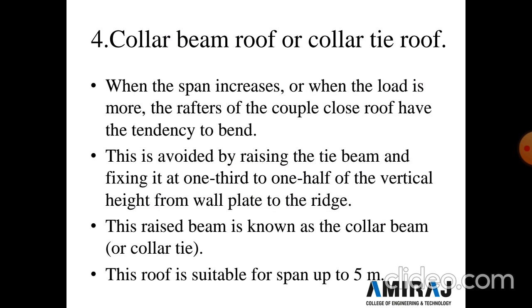Now the next type of roof is the collar beam roof. When the span increases or when the load is more, the rafters of a couple close roof have a tendency to bend. This is avoided by raising the tie beam and fixing it at one third to half of the vertical height from the wall plate to the ridge, and this raised beam is known as a collar beam or a collar tie.